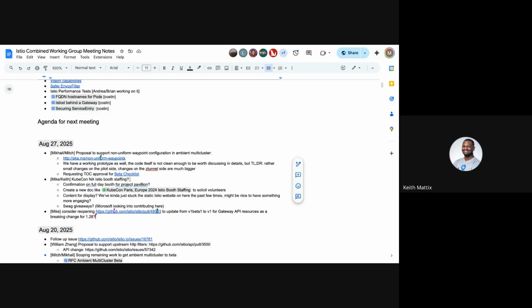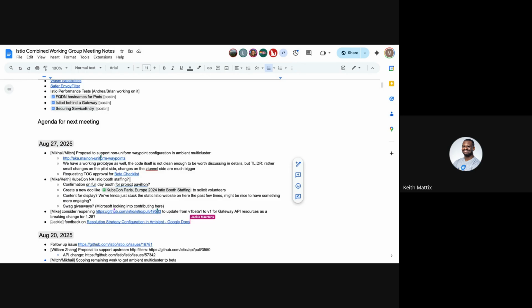I think to Mike's point though, I don't think this has been documented because multi-cluster is very new. But it does sound like, John, you're making the point that a waypoint attachment is a service property. It's not just whether or not the service has a waypoint, but the name of the waypoint that service is attached to.